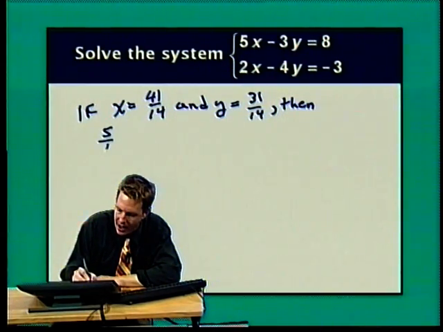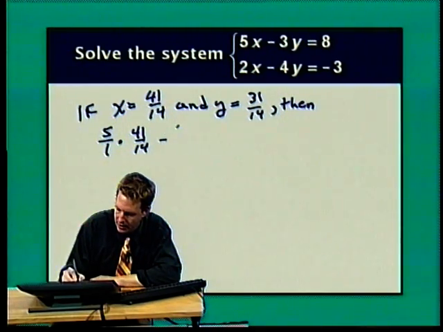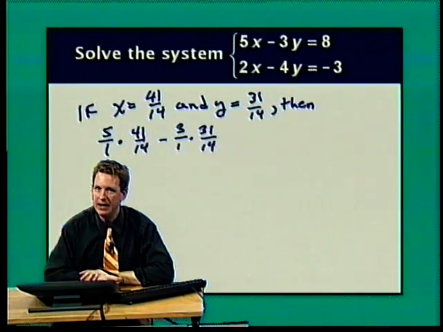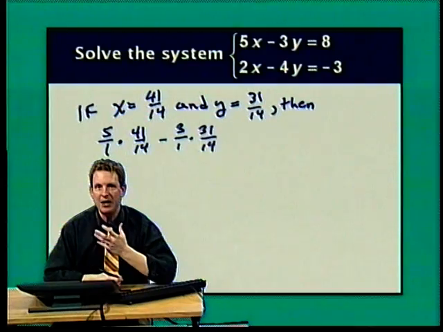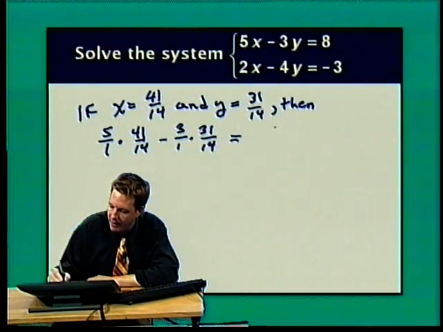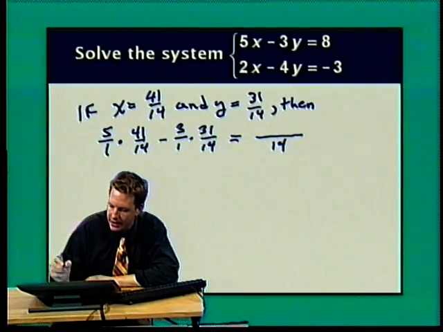We have 5 times 41/14 minus 3 times 31/14. I'm writing these integers over 1 just because it helps me line up my fraction multiplication. We have a common denominator of 14 here.